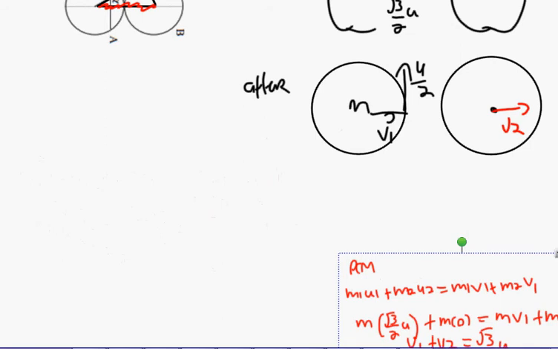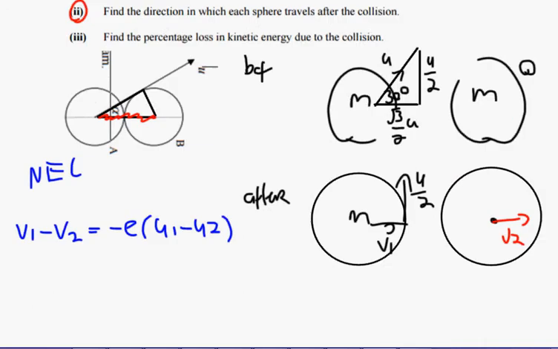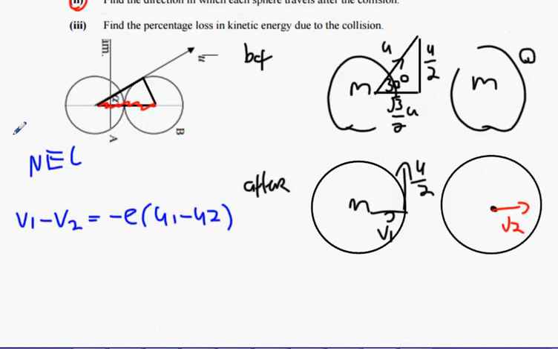Okay, next thing I'm going to do is NEL, Newton's experimental law, where V1 minus V2 equals minus E into U1 minus U2. What's our E value? 4 over 5. So V1 minus V2 equals minus 4 over 5. Now U1 minus U2 is going to be root 3 over 2 U minus U2.